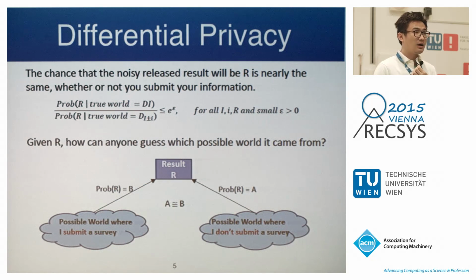So given the released result R, we cannot infer which possible world data it comes from. In our scenario, the world data can be the user. So in this case, we can use differential privacy to prevent any kind of linkage attack.